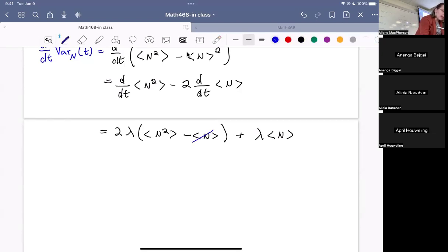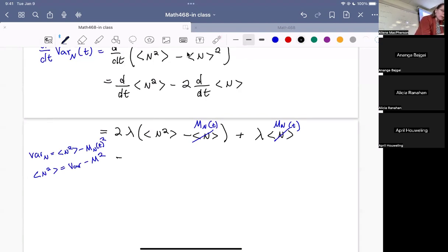For this, it's easy because these are just simply the means. But how do I get rid of the n squared? Well, I have that the variance in n is equal to the expectation of n squared minus the mean of n squared. So I have that the expectation of n squared is equal to the variance plus the mean squared.